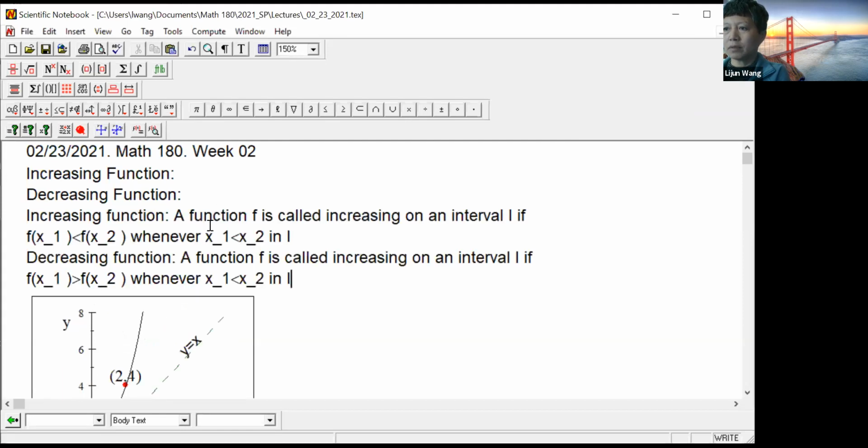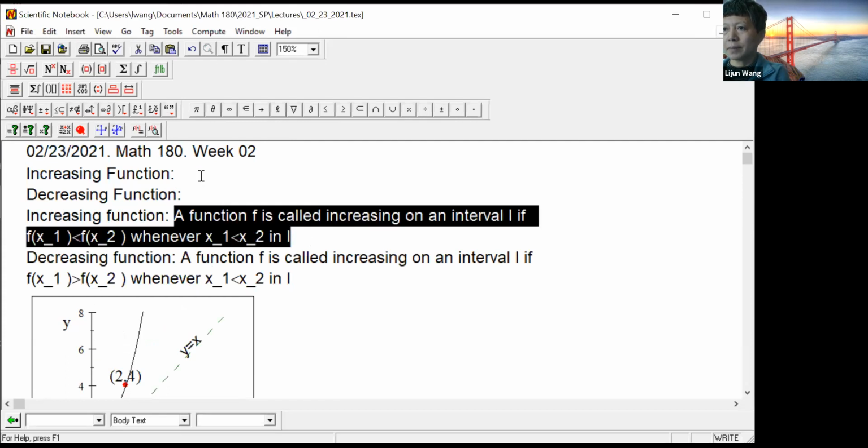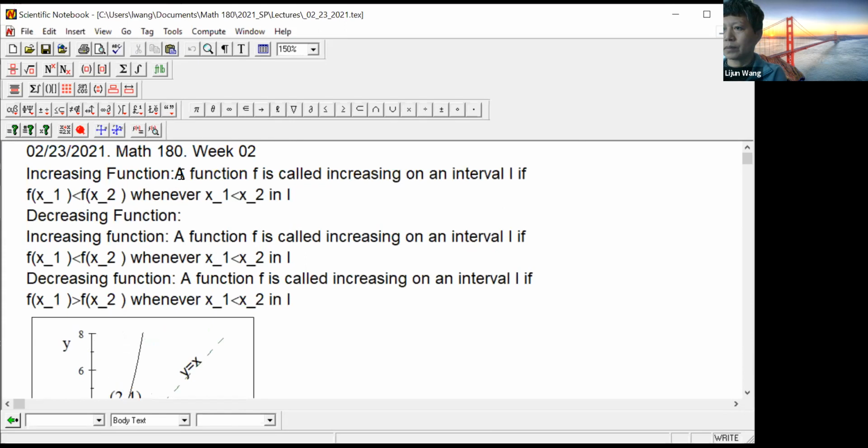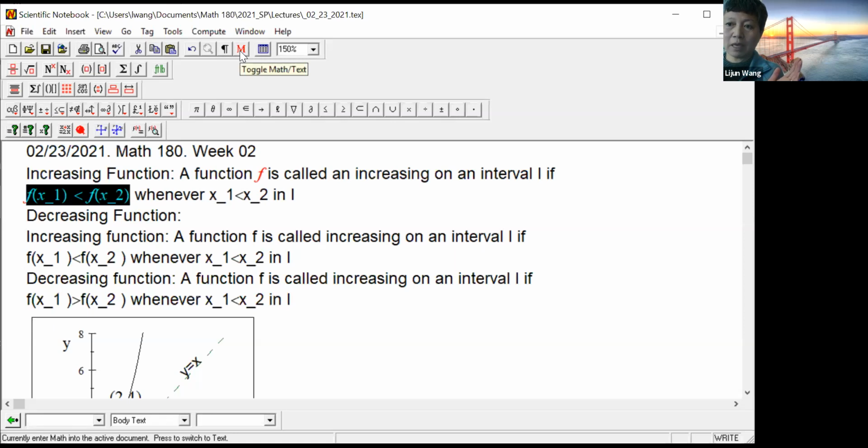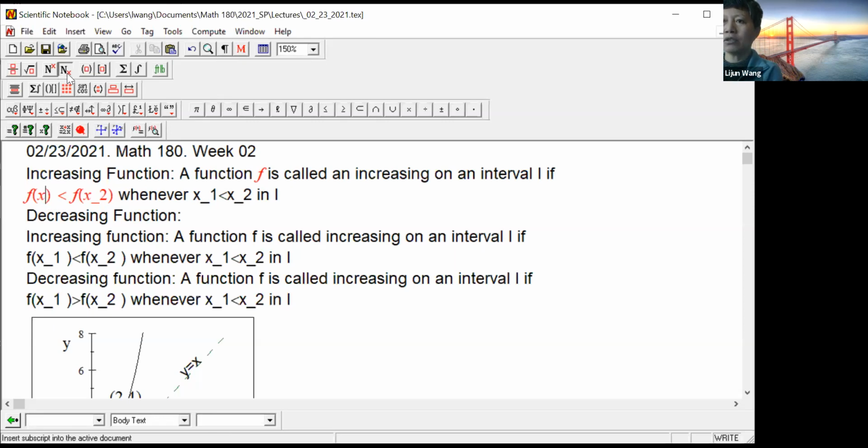So increasing function right here. A function f is called an increasing function on an interval. So this time it is not on the domain. A one-to-one function is about a function having those properties on the entire domain. But for an increasing function, however, it is on an interval.